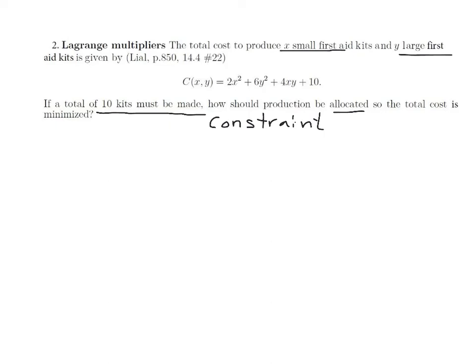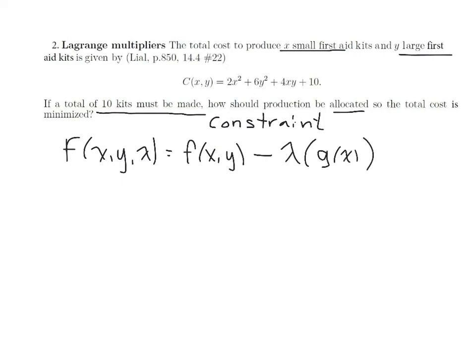Allocation means how much of one product versus how much of another product. So in this case, it's small first aid kits and large first aid kits. So how many of each should be produced in order to minimize the cost? If we look at our Lagrange function, it has to look like this, with our function minus lambda times the constraint function.